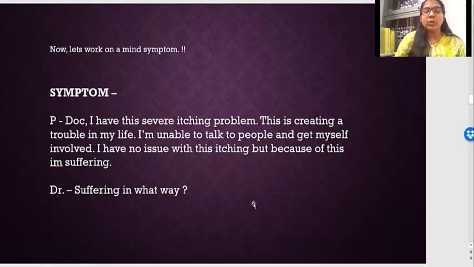So here we know that itching is the problem, but the patient is not having any issue with the itching, yet he is suffering. So we need to understand how he is suffering, right? So we'll ask him, suffering in what way?